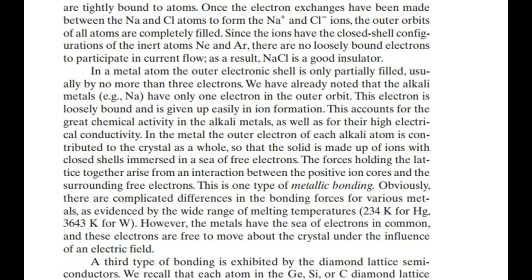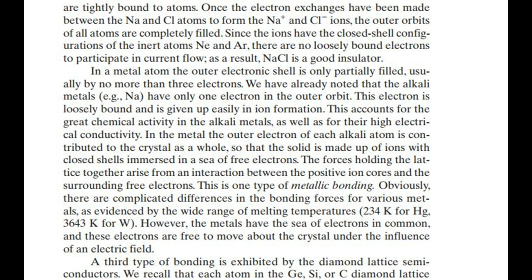In a metal atom the outer electronic shell is only partially filled, usually by no more than 3 electrons. We have already noted that the alkali metals, for example, sodium, have only 1 electron in the outer orbit. This electron is loosely bound and is given up easily in ion formation.